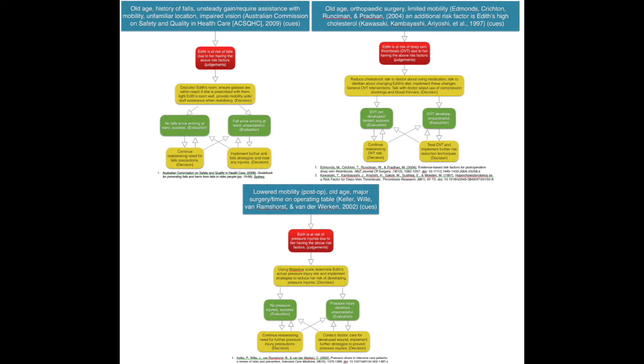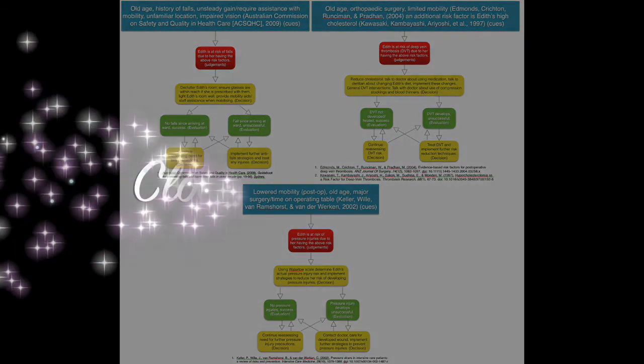The evaluation is based on whether the prevention strategies prevented the complication or not. If yes, I would keep doing the same thing and reassessing Edith's condition over time. If not, I would have to treat the complication and change my intervention strategies to prevent it happening again.